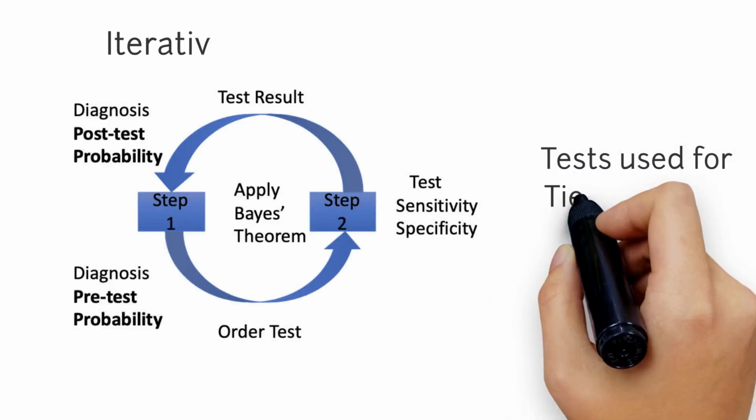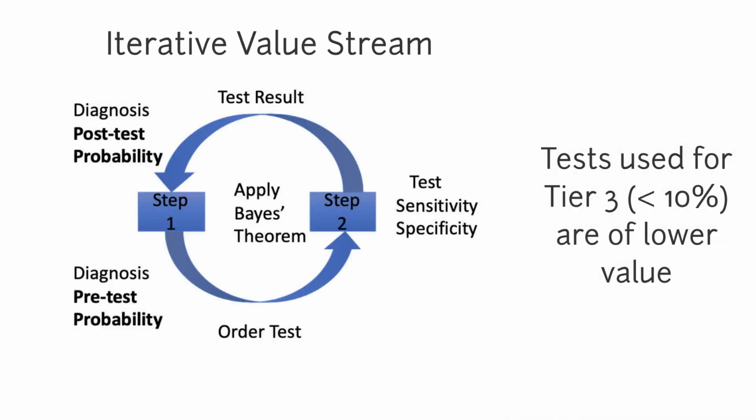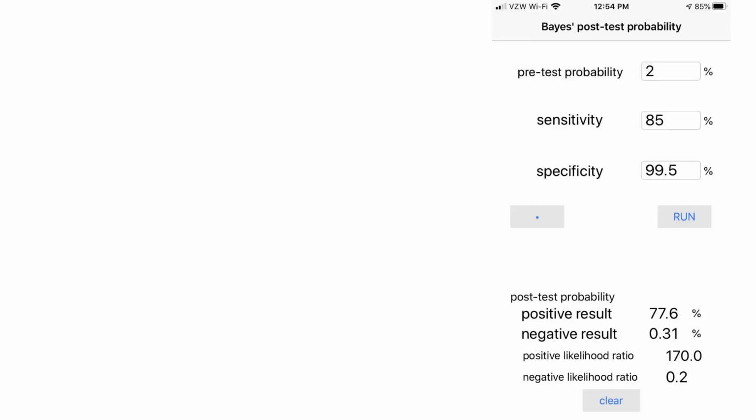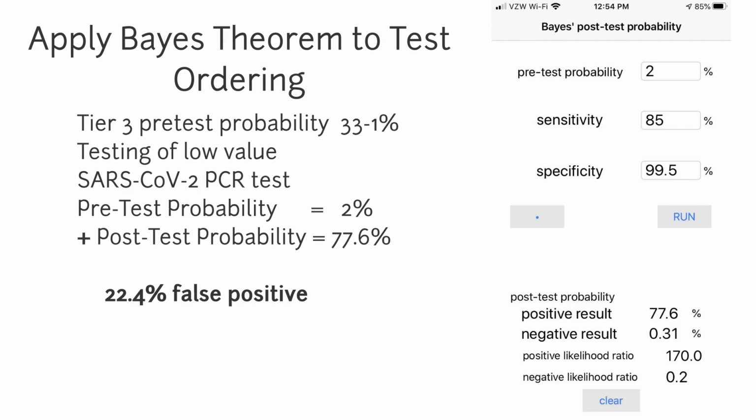We know from Bayes' theorem that most tests will not be helpful for diagnosing diseases in this probability tier. Assuming a sensitivity of 85% and a specificity of 99.5% for the RT-PCR test, and applying Bayes' theorem using a smartphone, and assuming a 2% pretest probability, this test will be of limited value.